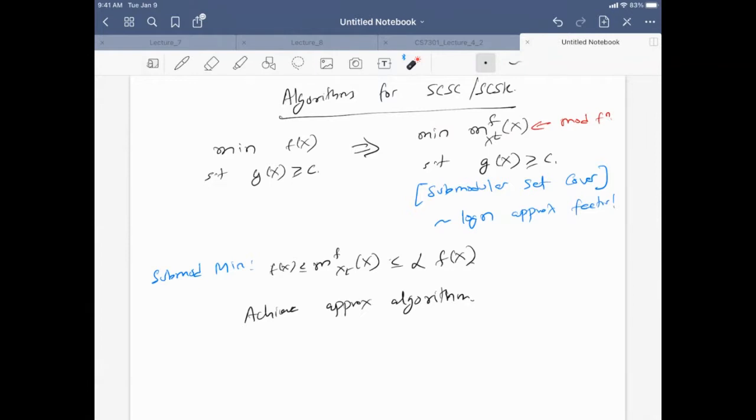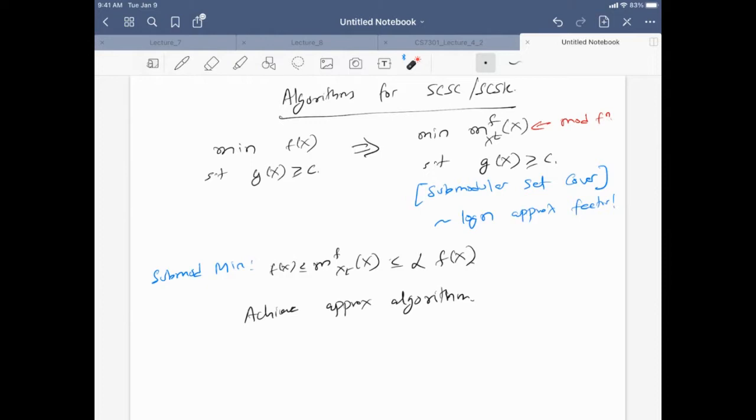Or maybe you can stop when you make a drop in objective value. There are different heuristics you can use here, but the basic intuition is that in practice the approximation factor is close to 1, so you would still make improvement. But it's something to keep in mind when you implement this, that you want to make sure you make progress every time. Okay, but that's the final algorithm.